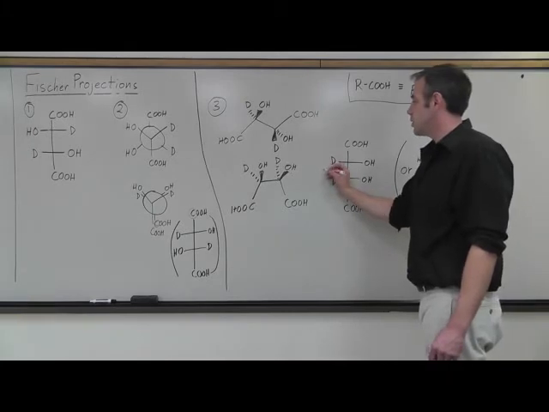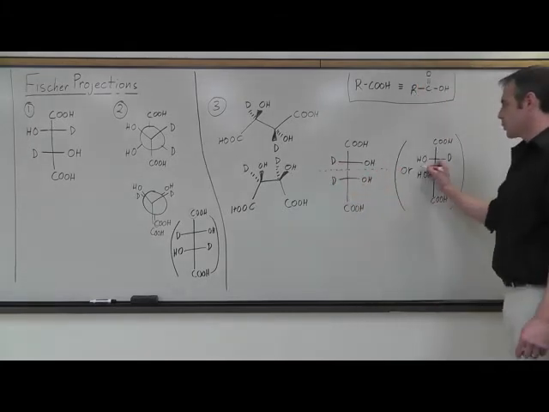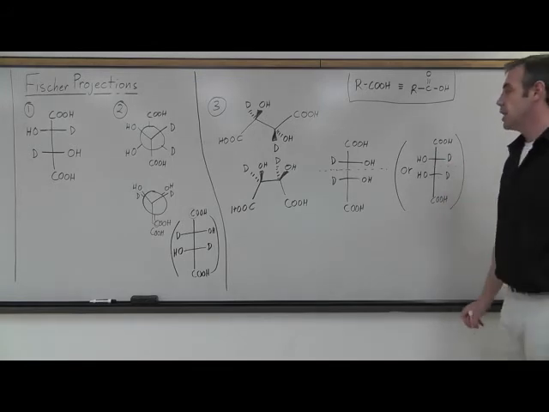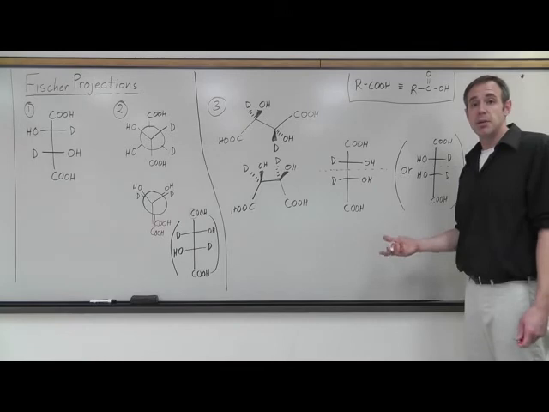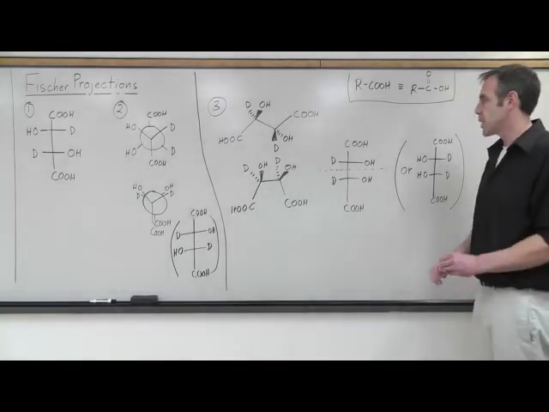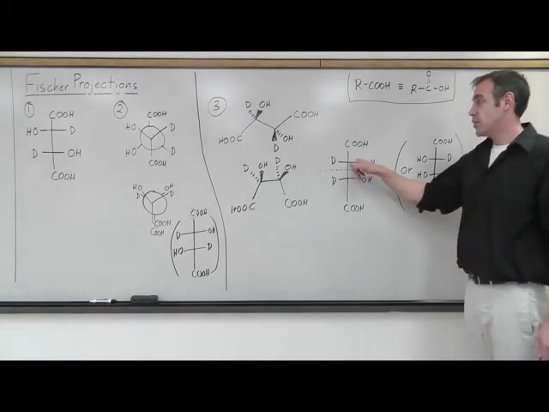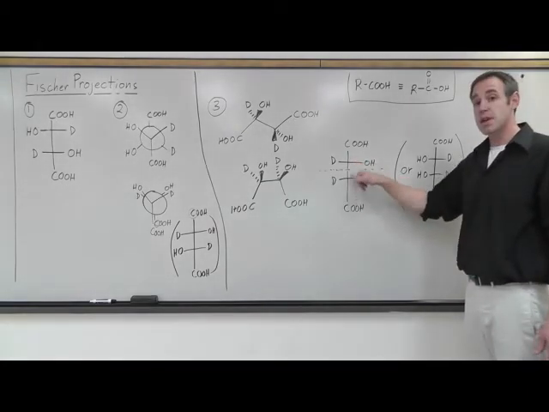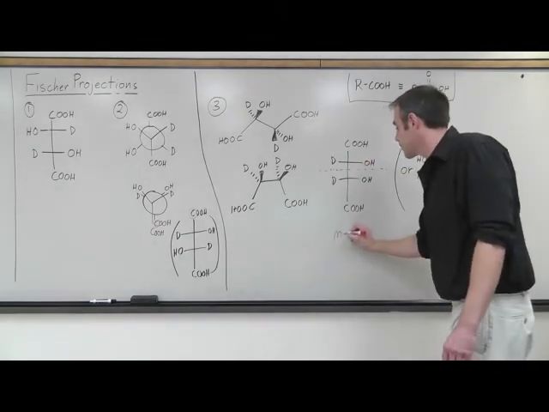What we notice about this structure is something special. Indeed, there's an internal mirror plane, regardless of which one we're looking at. And so either one of these is the same molecule, and that turns out to be a meso isomer, or a meso compound. For the meso compound, notice that we still have two stereocenters, but the molecule is overall achiral.